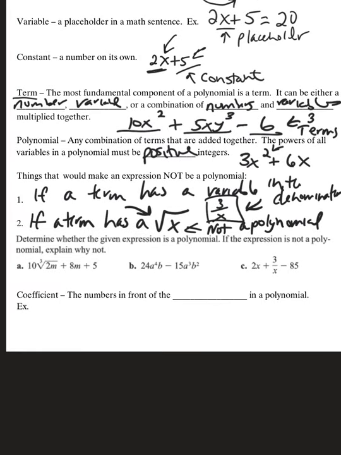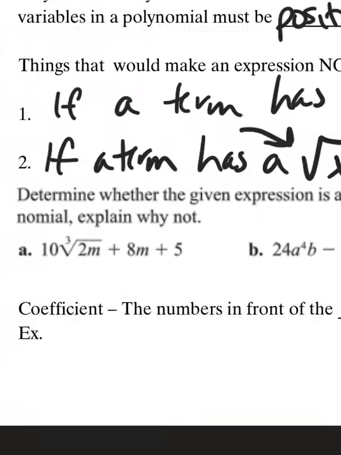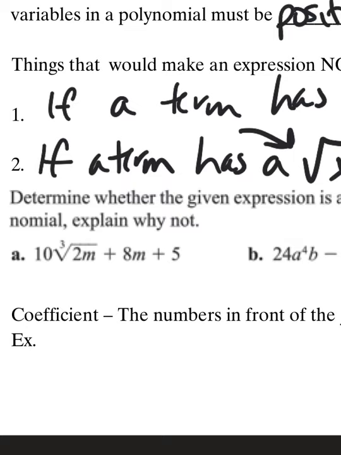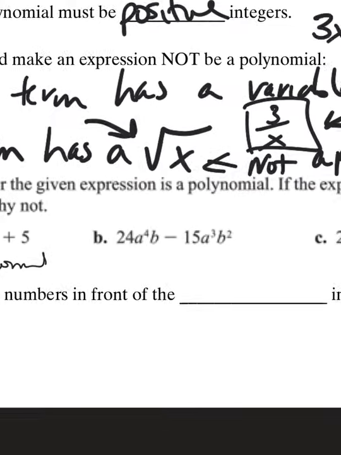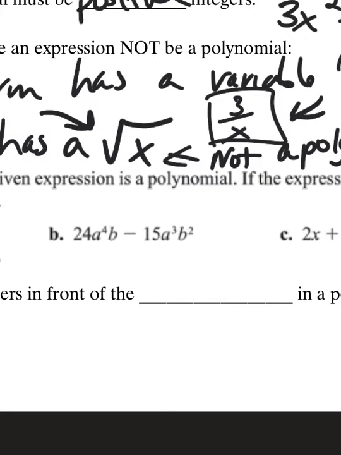So let's look at some examples. Determine whether the given expression is a polynomial, or if it is not a polynomial, and explain why not. So I have a 3-term expression here. This is not a polynomial because there is an m under the radical symbol. B, there's 2 things I'm looking for here.